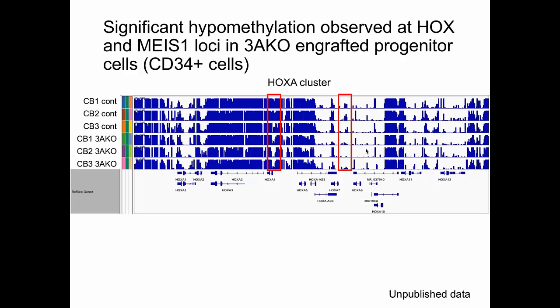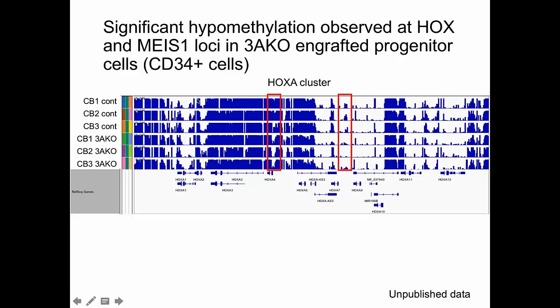So this is kind of a complicated slide, but here we have our 3 cord bloods, which were treated with just Cas9, and our 3 cord bloods, which had our exon 10 knockout. And this knockout efficiency was, again, between 70 and 90%. And what we're looking at here is whole genome bisulfite sequencing data. And this type of sequencing data allows for single CpG resolution.